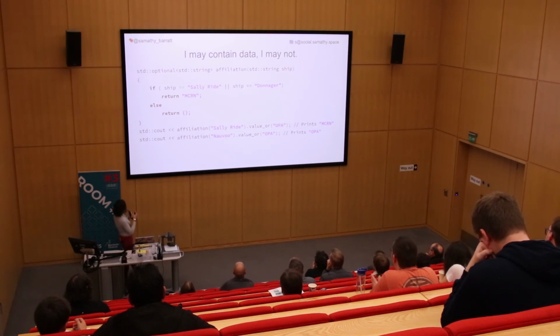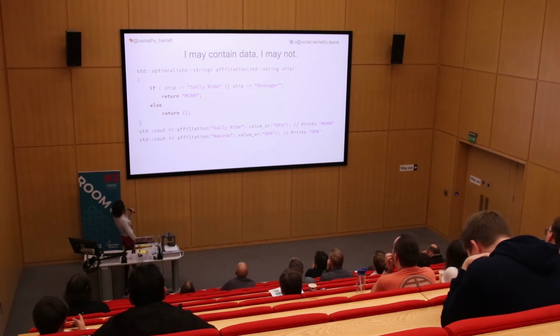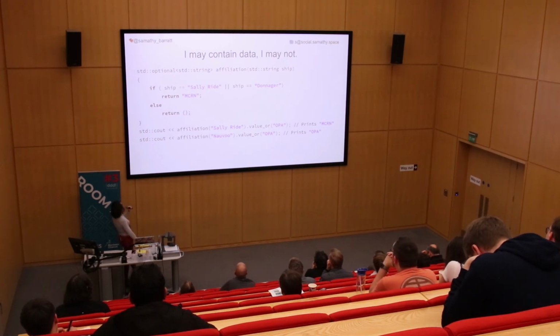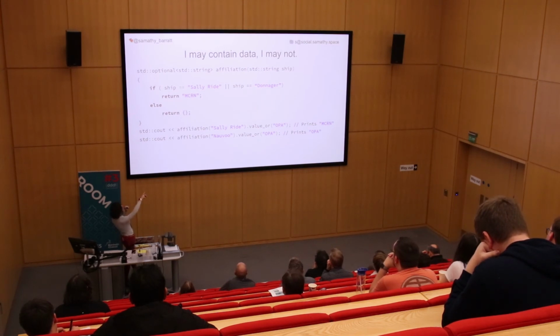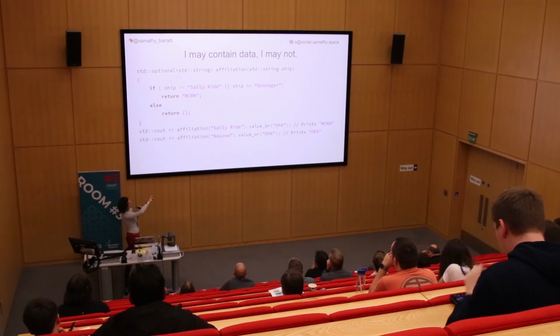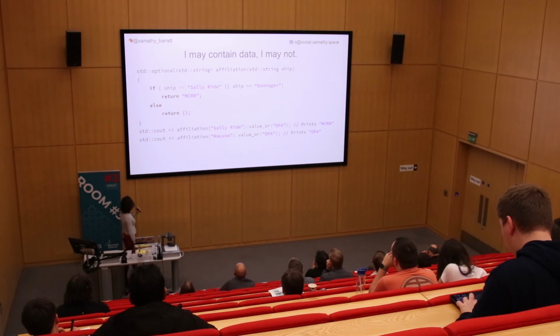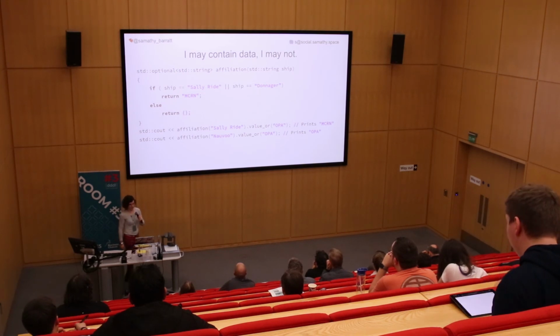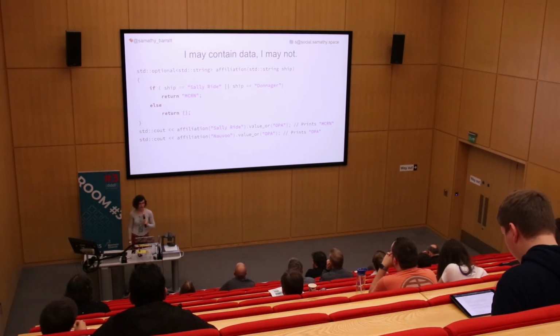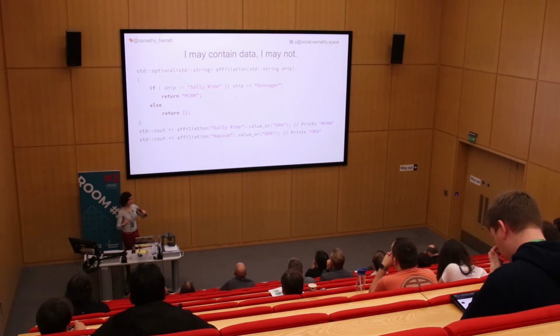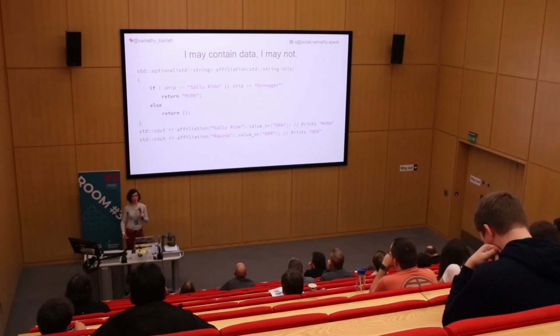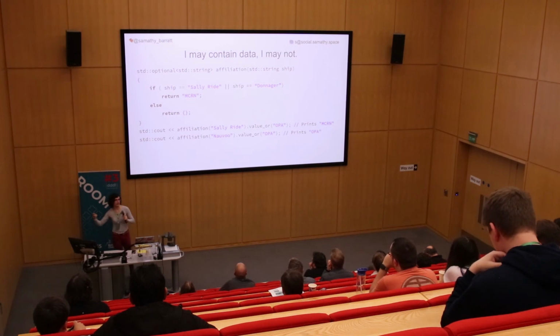So this is C++. I'm using it for the example because I can write it. At the top, we've got a function called affiliation, which takes an std::string and returns a std::optional which contains a string. So the optional will encapsulate either a std::string or nothing.